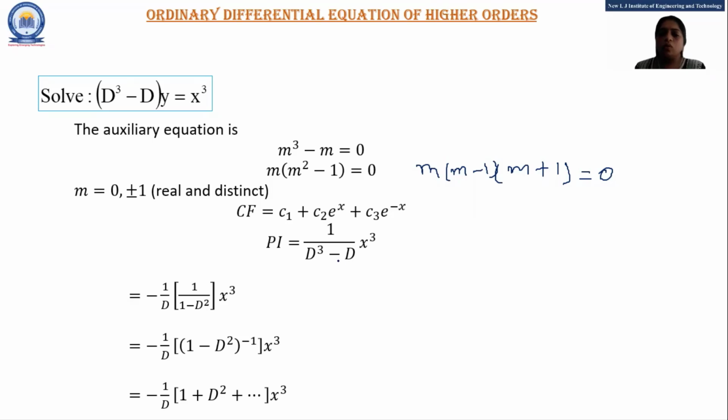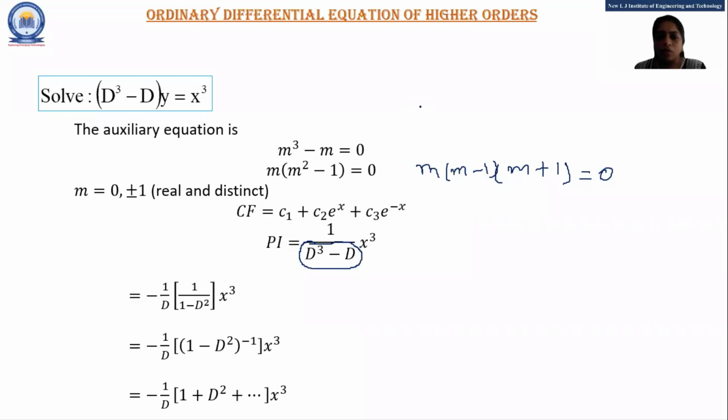As you all know, in this case we are going to represent our denominator in the form of 1 plus phi D. There is no constant term, so we take the minimum power of D as common. Here the minimum power of D is what? Minus D. So if I take minus D common from the denominator, I have 1 minus D square.